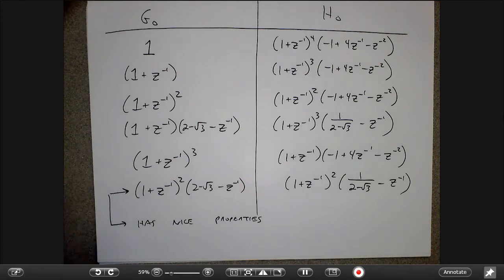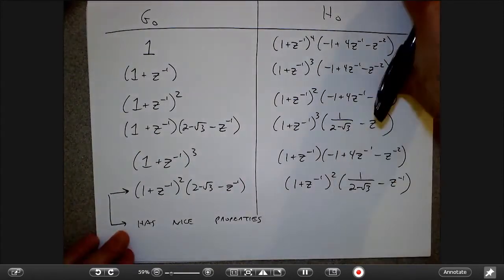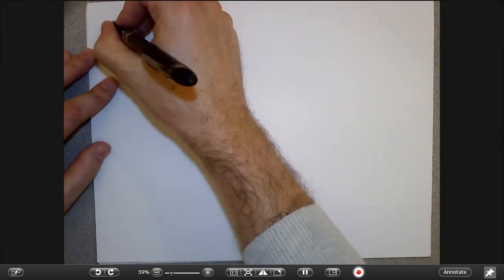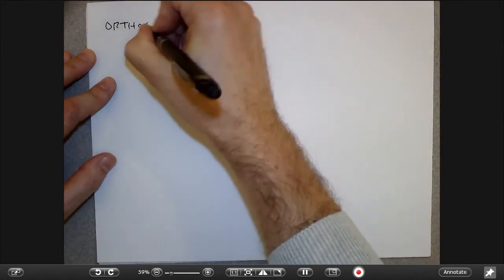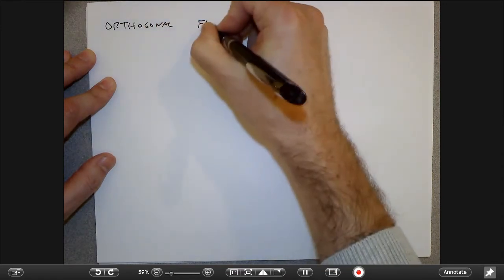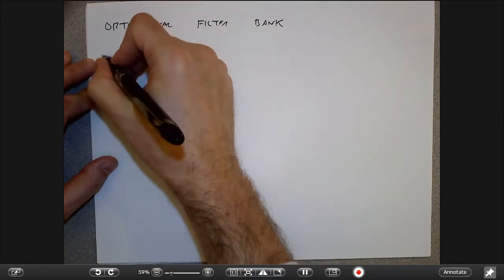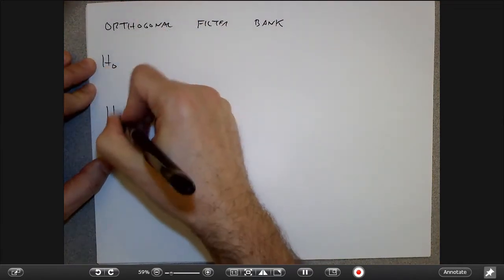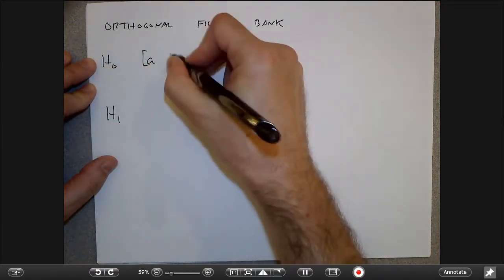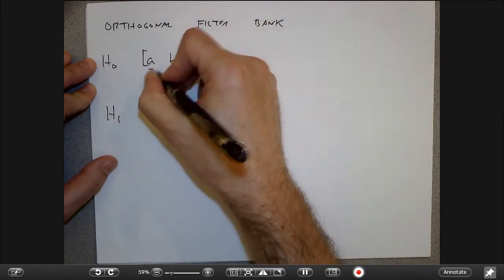in the sense that if I write out what the filter taps look like, they look something like this, where I get an orthogonal filter bank where I'm forcing the filter taps to have a specific pattern.